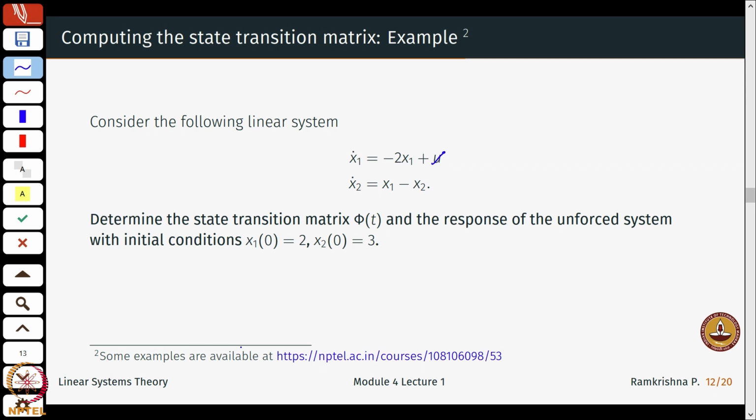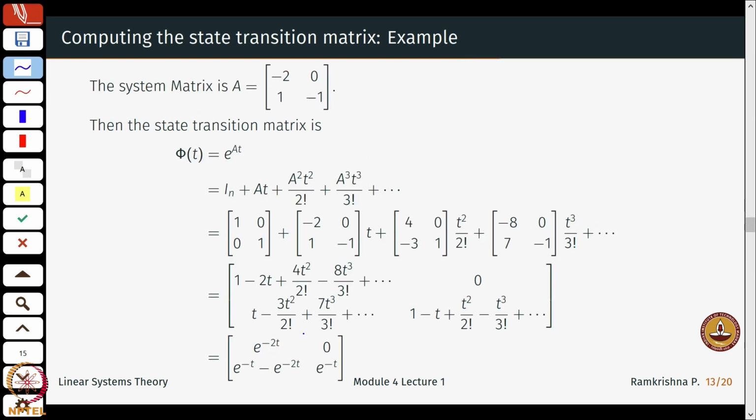Well, I have given two differential equations with certain initial conditions. The system matrix is like this, and I just expand it in powers of a and do all the complex math, and I can conclude that this is the solution, e power minus 2 t, because this has the form of e power minus 2 t, 0 here and so on and so forth.